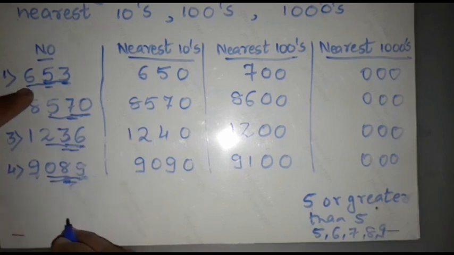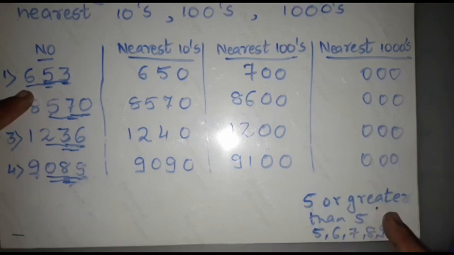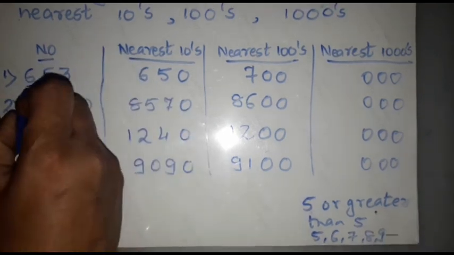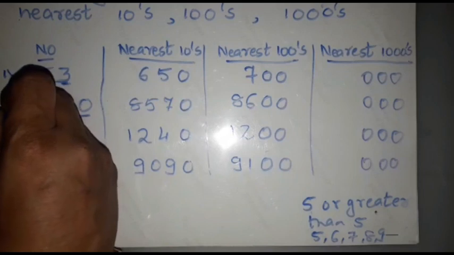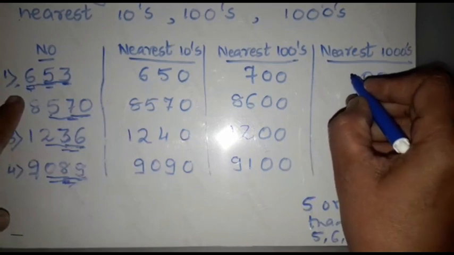So here 6 is the highest place. Is 6 satisfying the condition here, that is, is it greater than or equal to 5? Yes. So here prior to that nothing is given, that means it is 0 given over there. So 0 plus 1 will be 1.